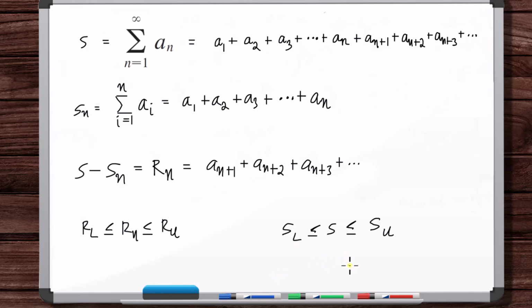And so with that, a trick that you can do is you have the approximation you calculated, but a more accurate approximation would be just the midpoint between this S upper and S lower. So you could just take whatever estimate you got and replace it with the midpoint between these two. And that increases the accuracy a little bit.